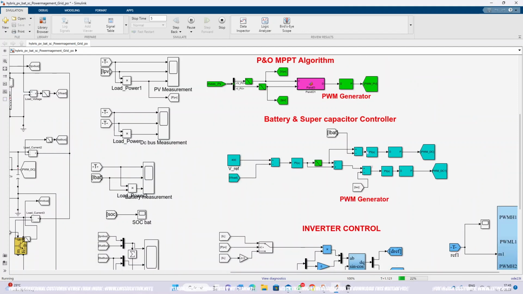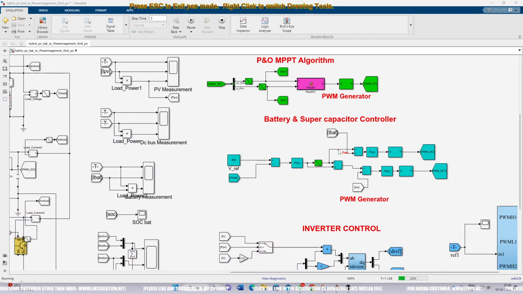Okay, and then this reference current is compared with the battery current, and the other reference current is compared with the supercapacitor current, and then processed via a PI controller. This PI controller generates the duty cycle, which is processed via a PWM generator. Okay, so this generates the pulse.